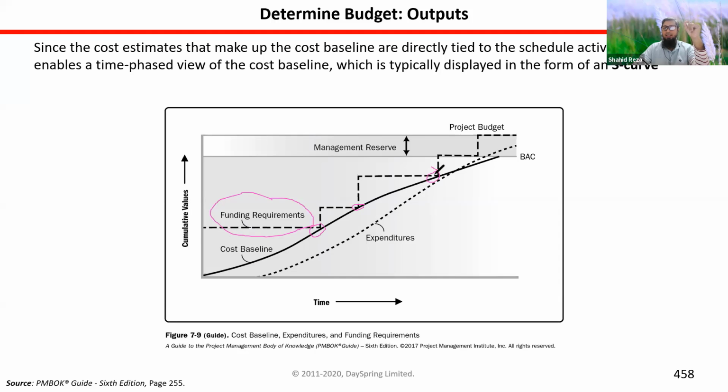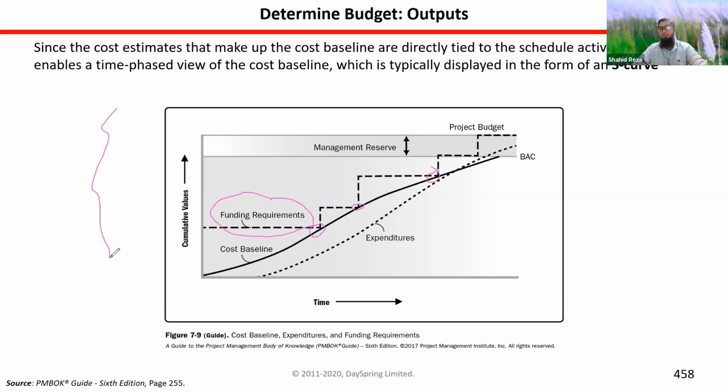So this staircase representation is the funding requirements, showing when you will get funding for your project. This is a great graph that people use in project management, especially financial, to measure the financial progress of the project.